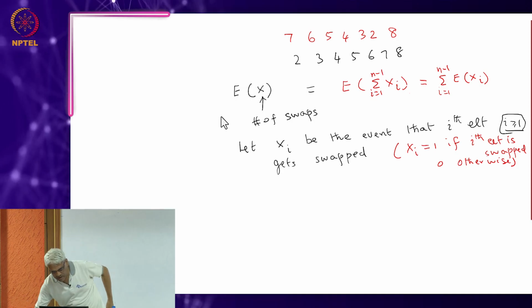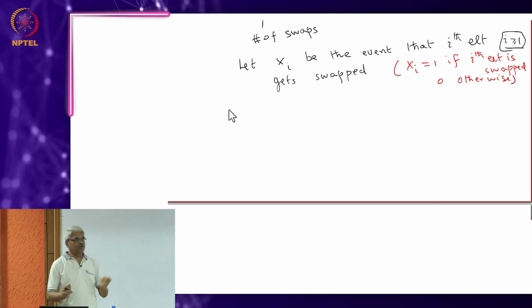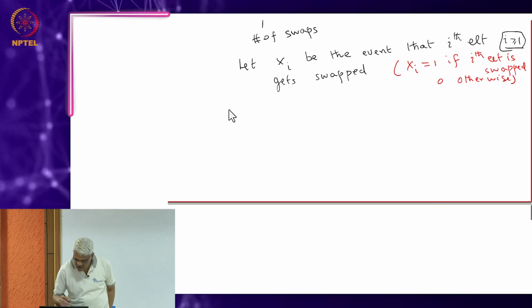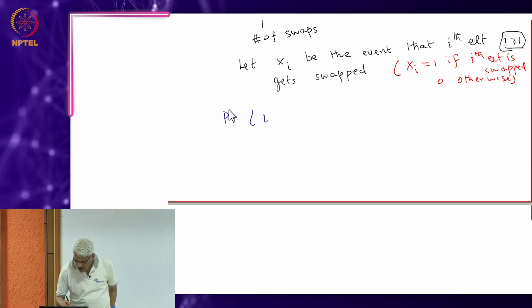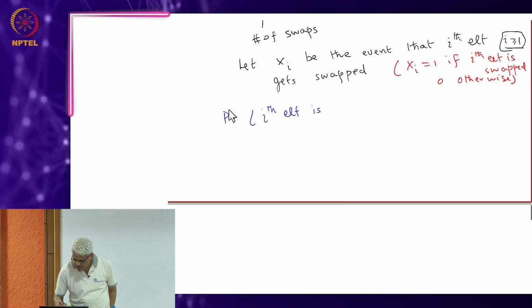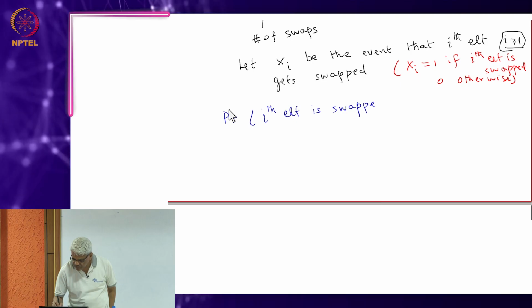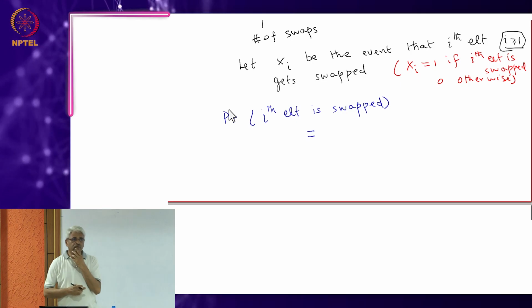Now all we are left to do is this: I have this random permutation, keep that at the back of your mind. What is the probability that the ith element is swapped? Well, when does that happen?